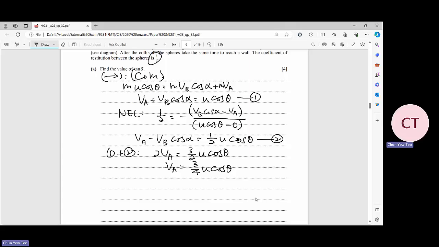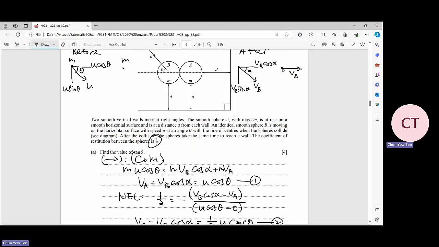We need to understand that after the collision, VA is going this way and VB is going this way. But they have a special feature over here: they take the same time to reach the wall. So the question mentioned it takes the same time to reach the wall.